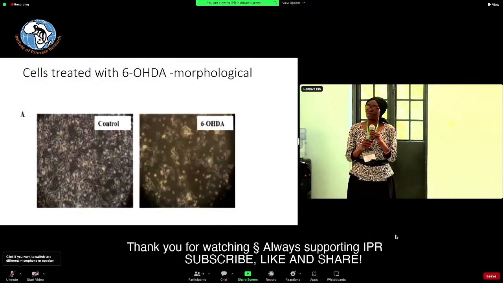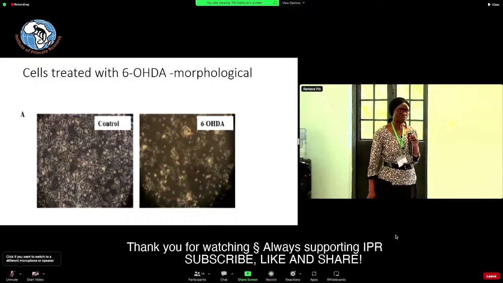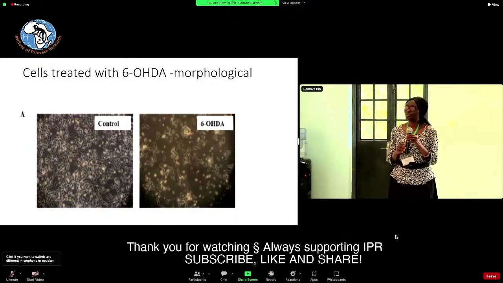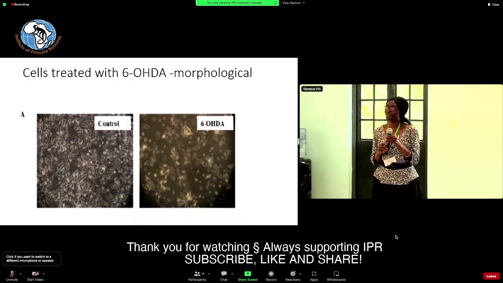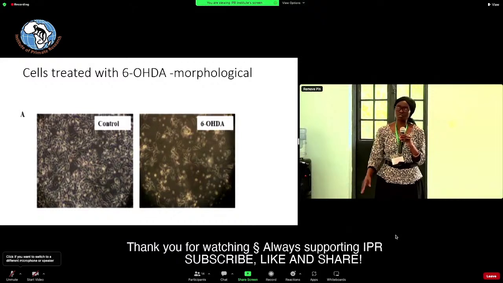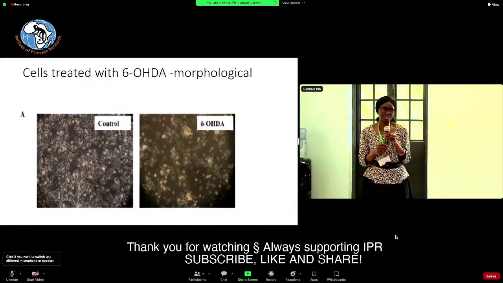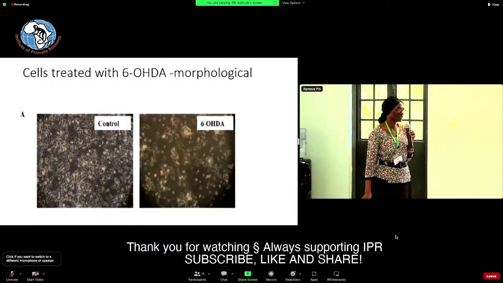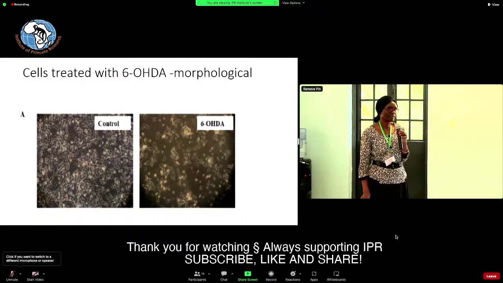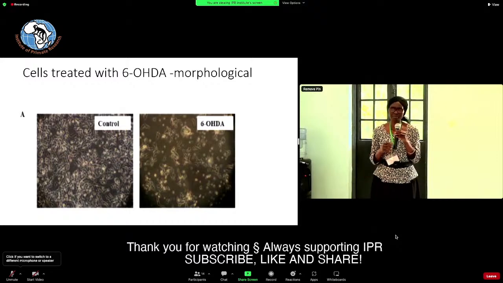The picture here shows the morphological changes associated with treatment of those cells using 6-hydroxydopamine compared to the control. So the control you can see, and then you can see the morphological changes associated with 6-hydroxydopamine, which is our pathological state, used to induce the pathological state.